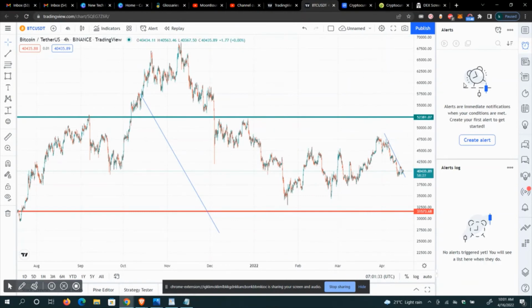Once you set an alert for it and you go out doing your normal thing, or doing your normal research, once the price of Bitcoin hits that 43,000, automatically you will get an alert on your phone giving you an indication that, hey, the market is at this price which you asked me to alert you about. So it's a very useful tool when doing technical analysis.